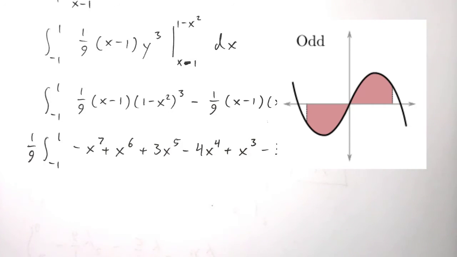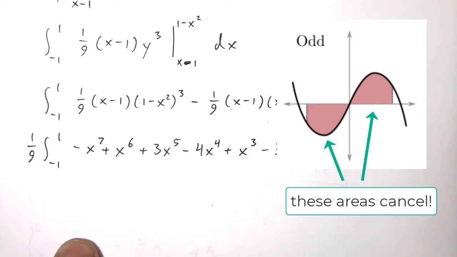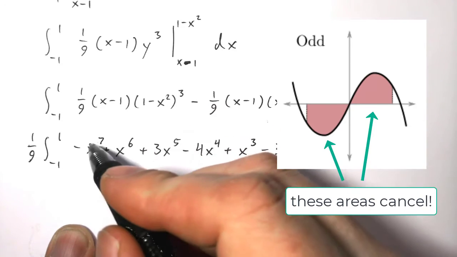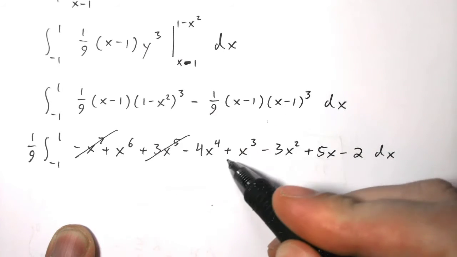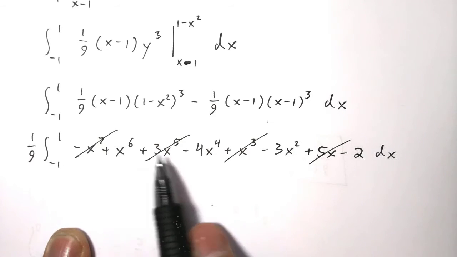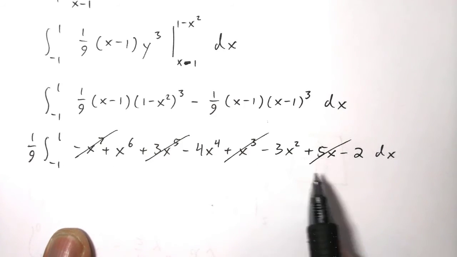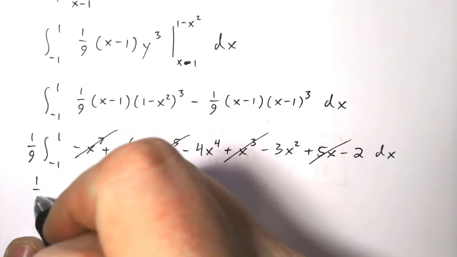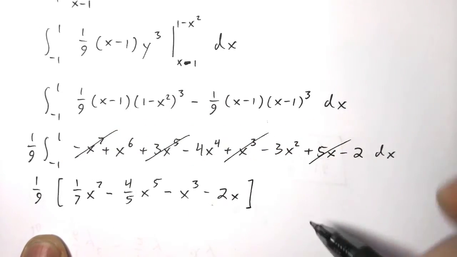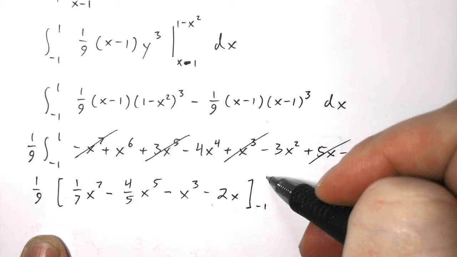So those areas cancel off. If I ever integrate an odd function from minus a to a, in this case -1 to 1, I get 0. So all these odd terms are going to integrate to 0. I can see that right off the bat. So really all I have to do is integrate the even parts. I'll just antidifferentiate those, and I'll be evaluating those from -1 to 1.